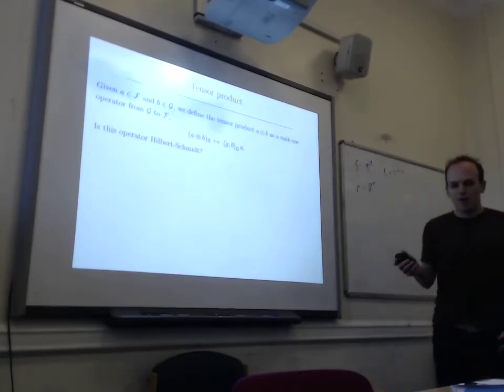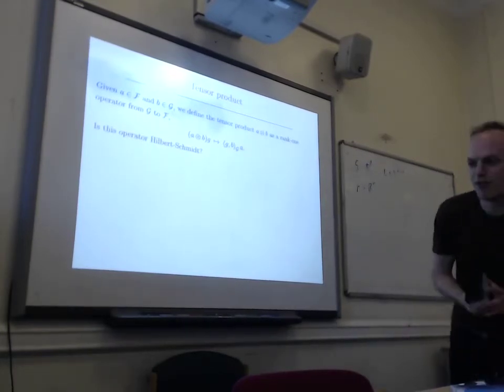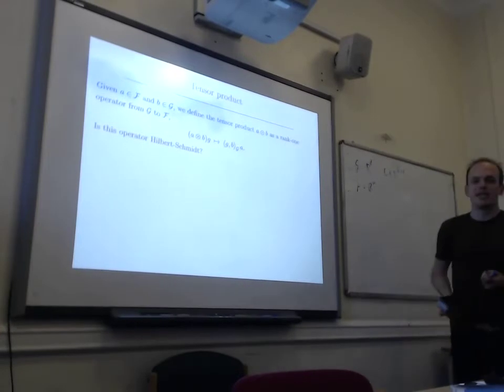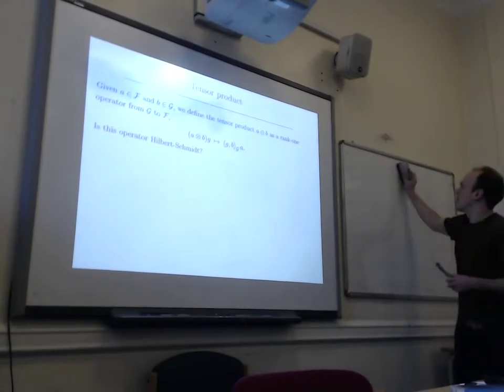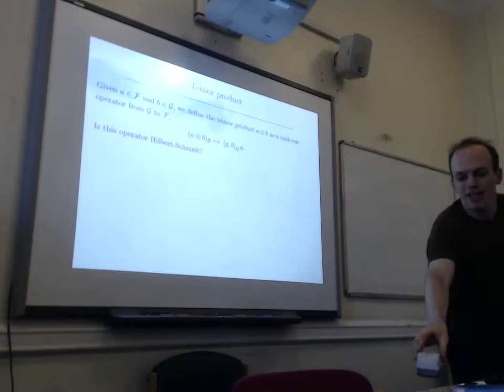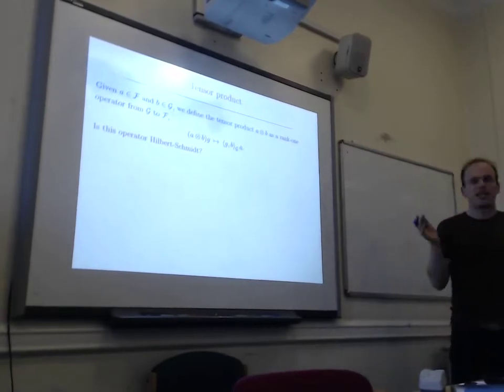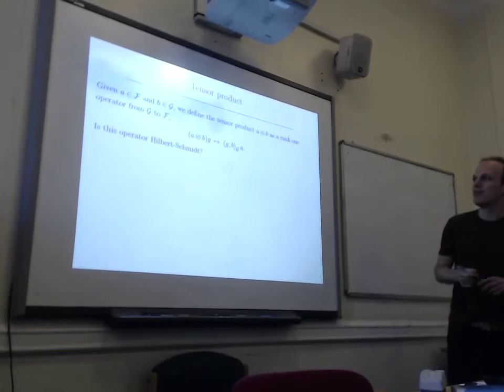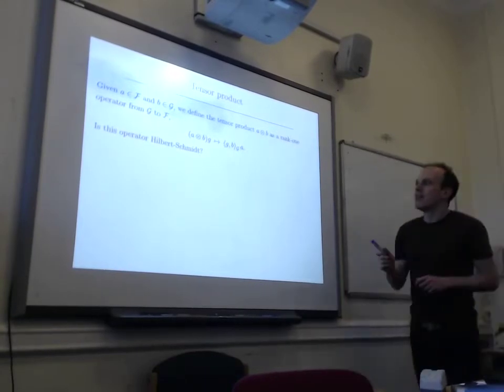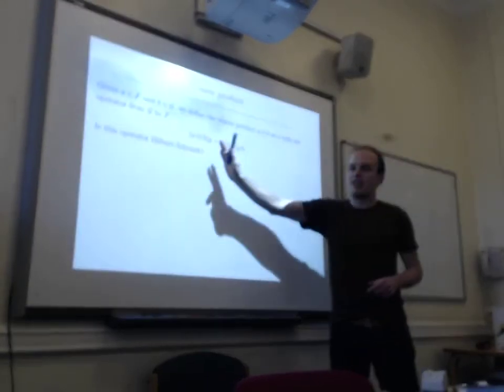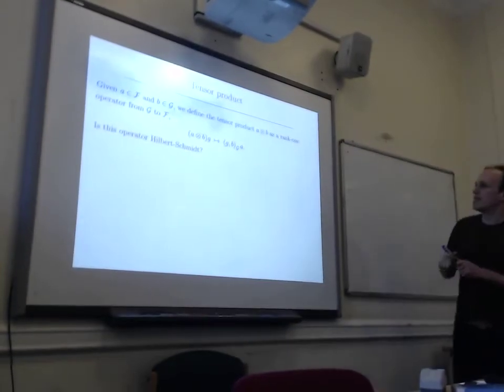So remember that when I talk about covariance matrices, it's always something like the expectation of x y transpose, okay? So now I need to generalize this notion of x y transpose to infinite dimensional spaces. Here is some notation which I'm going to explain in terms of linear algebra.